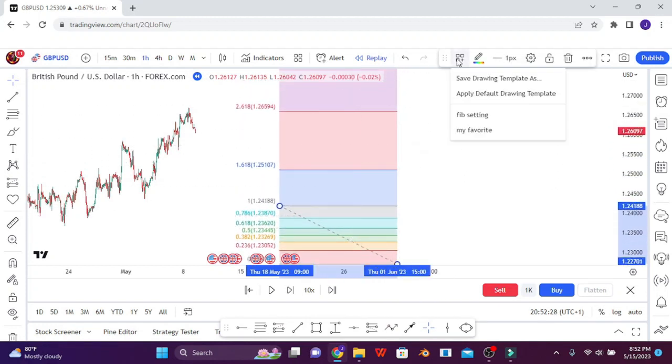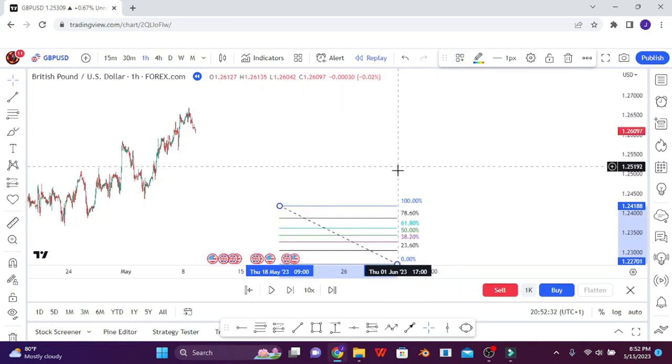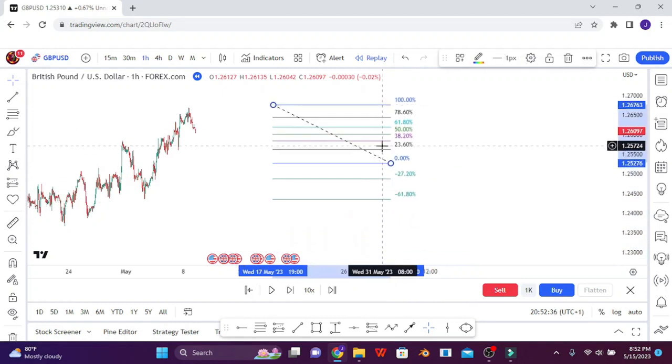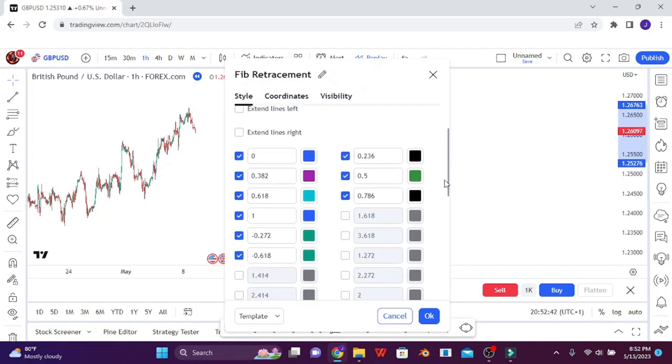This is my own setting, so you can screenshot it. I'll leave it for 30 seconds. Okay, I know you have screenshotted it.